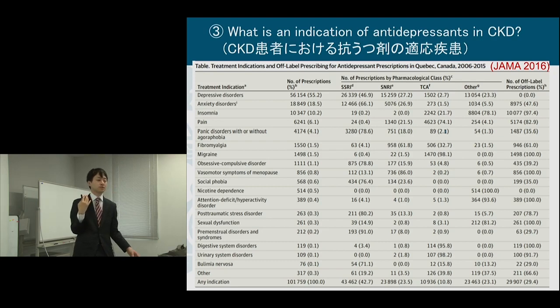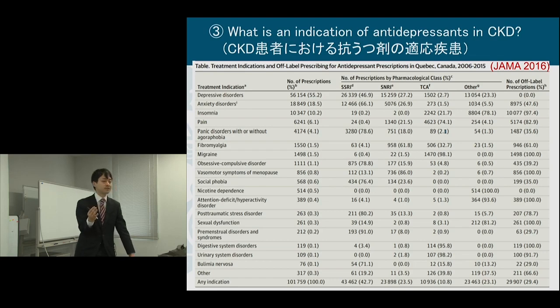So sometimes researchers need to identify why drugs were prescribed, because this could be a kind of confounding factor in the study. This Quebec, Canada database is very special in that every time doctors prescribe a drug, they need to input indication, every prescription. So in that case, identifying indication is very easy.